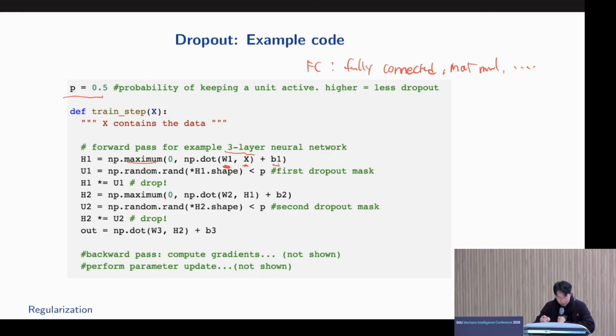And then you create your dropout mask. You create a random number, and if it's less than p, you keep it, otherwise you drop it. You multiply your first activation with the dropout mask to drop whichever is not selected. You take your H and do the same thing again: matrix multiply with the second layer weight, add bias, ReLU, create the mask, apply the mask, etc.